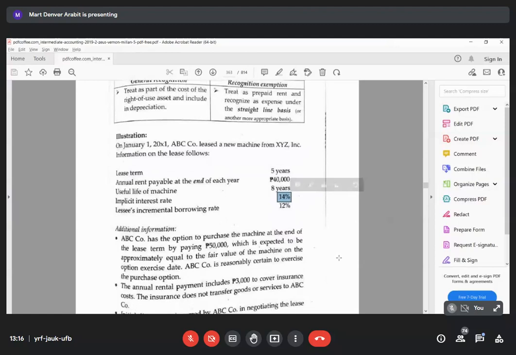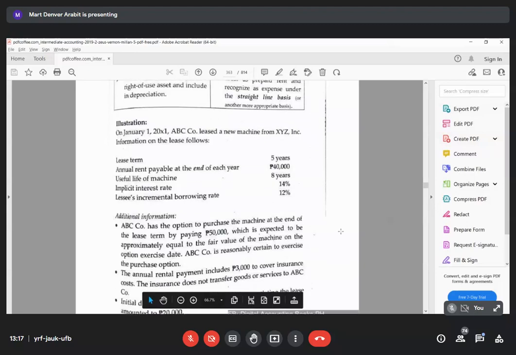Additional info. So ABC has the option to purchase the machine at the end of the lease term by paying 50,000, which is expected to be approximately equal to the fair value. So we will have no problem identifying kung ano yung i-deduct for the purpose of depreciation since fair value and purchase option is the same. So ABC is reasonably certain to exercise the option.